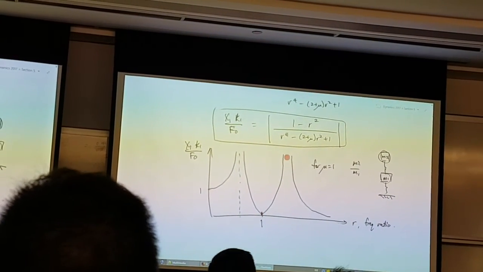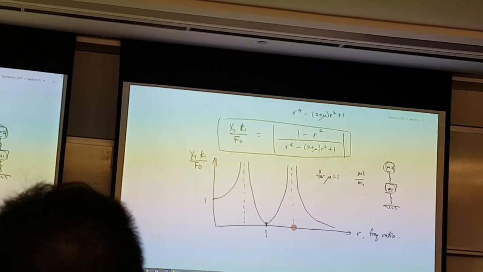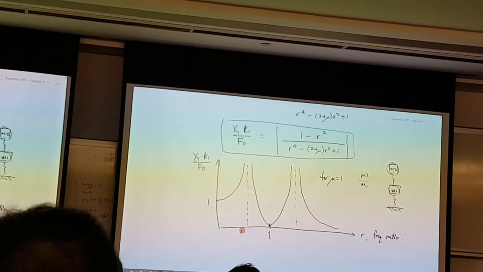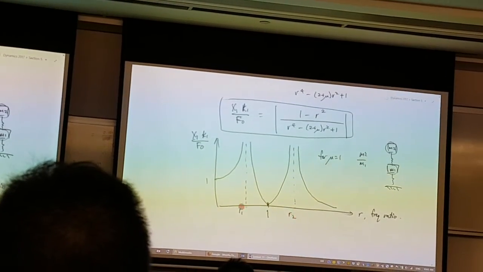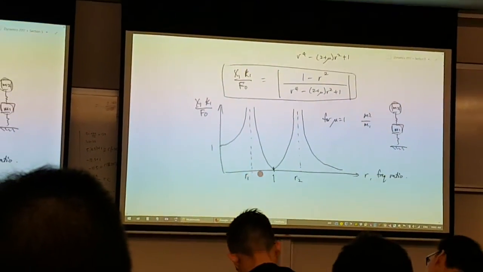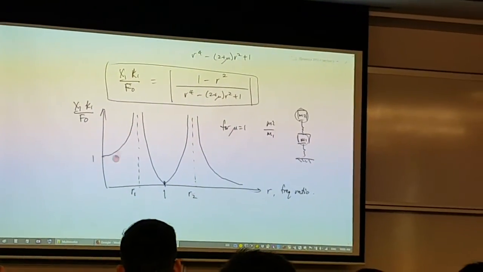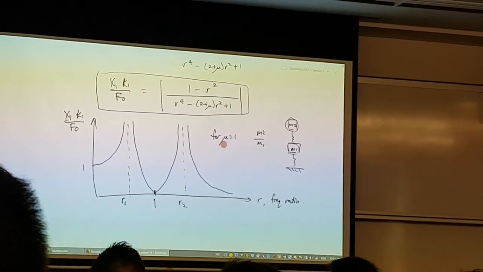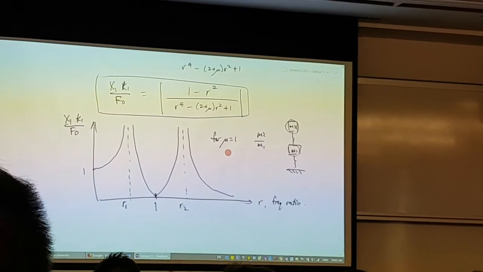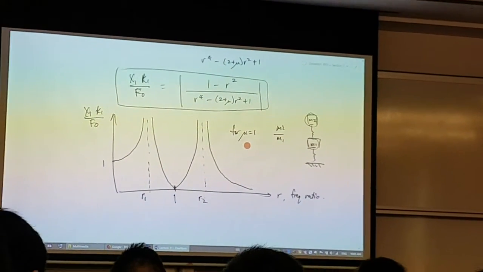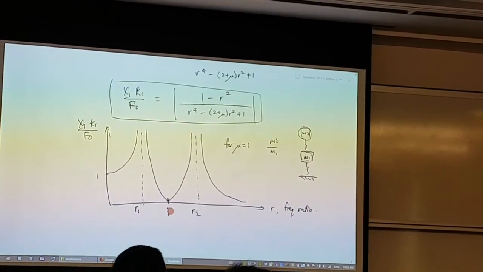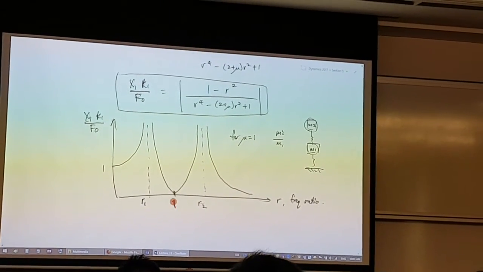This will be 1. This will be R1 here. This will be R2 there. In this case here, this dark solid line is for the case of mu equal to 1. This frequency ratio is equal to 1 over here.